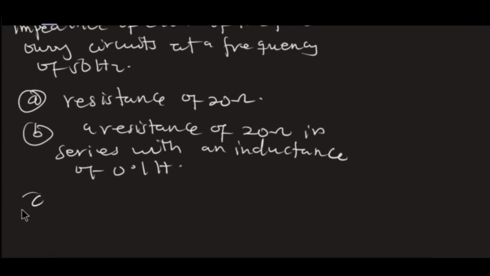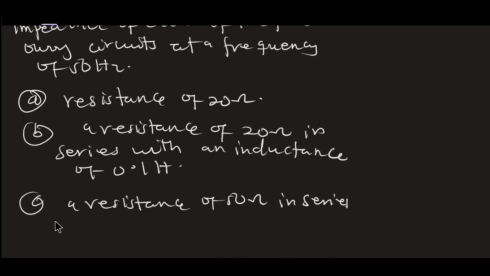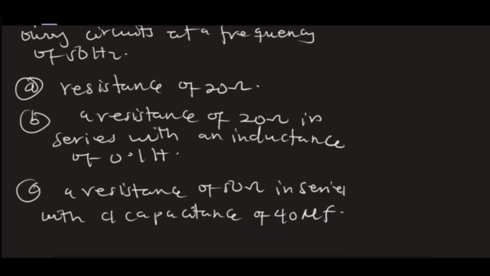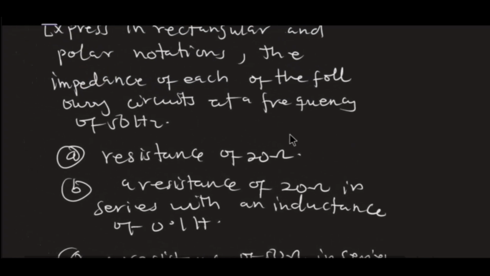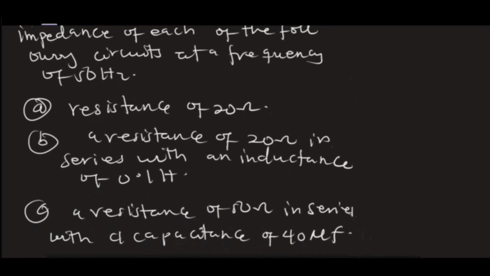Then the third one is a resistance of 50 ohm in series with a capacitance of 40 microfarad. So we are to express this in what? Complex numbers, the rectangular and polar notations.